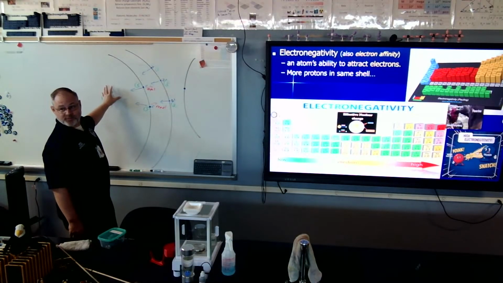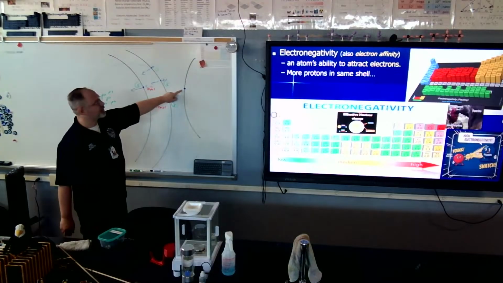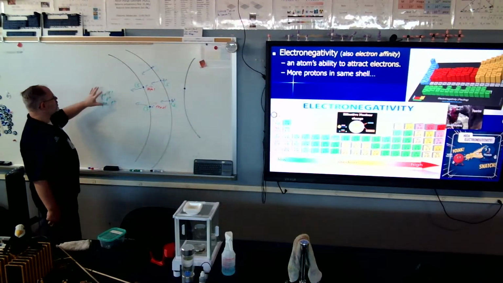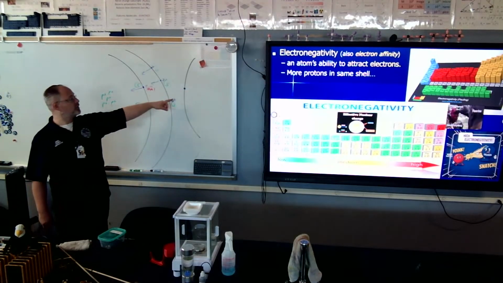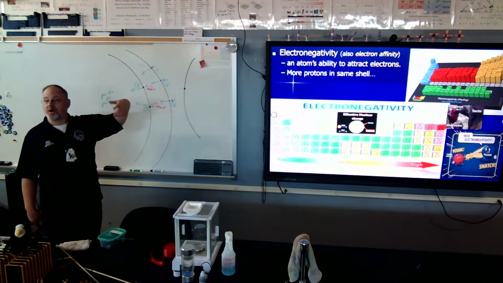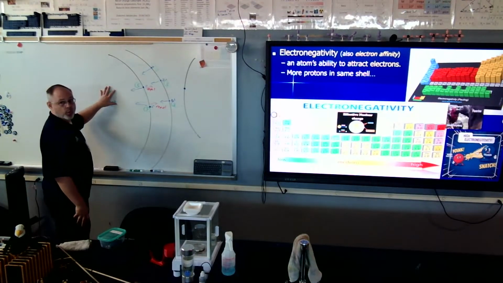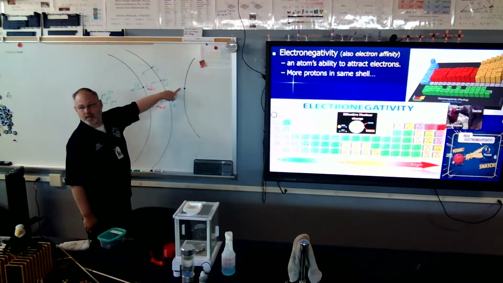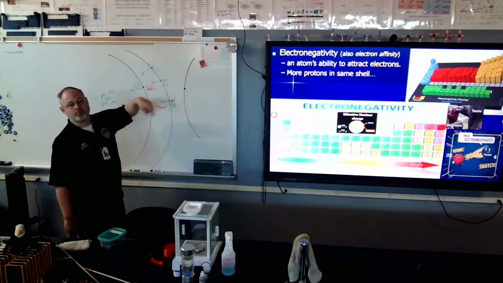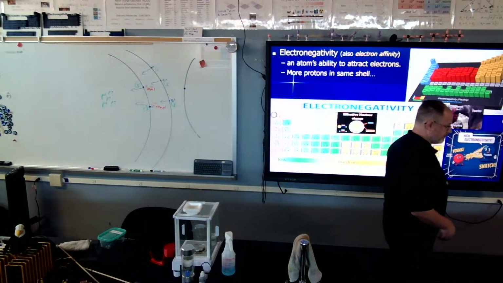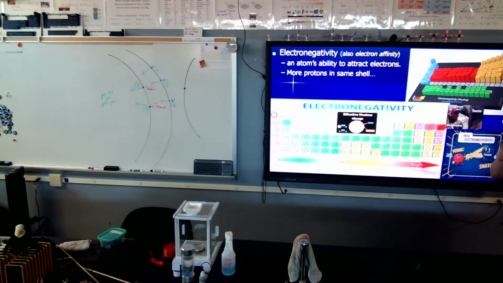The bigger this nucleus is, the more this nucleus will attract that electron. Make sense so far? But the more shielding you have, the less it will be able to attract it. So when we're talking about electronegativity, we are primarily talking about the nucleus of one atom attracting the electron of another atom. So the more protons you have, the higher your electronegativity will be. But that atom's electron shells will shield the nucleus.